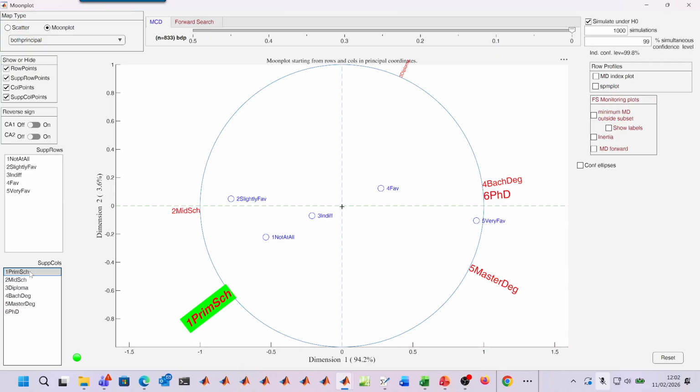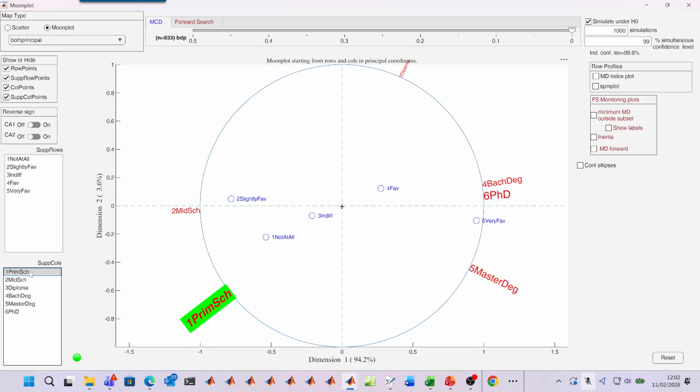These are called supplementary points. And so the unit which is left out in this case is primary school, but the situation does not change at all.